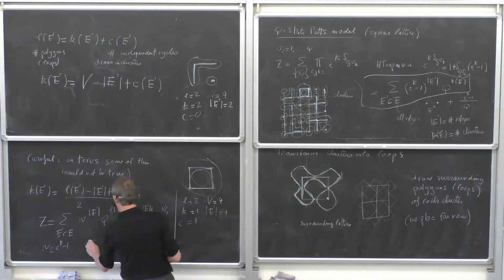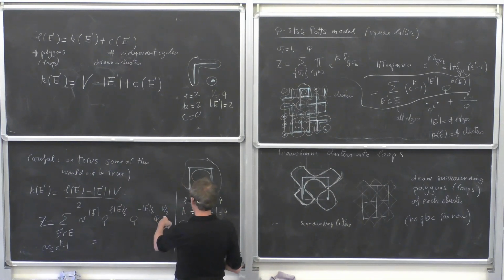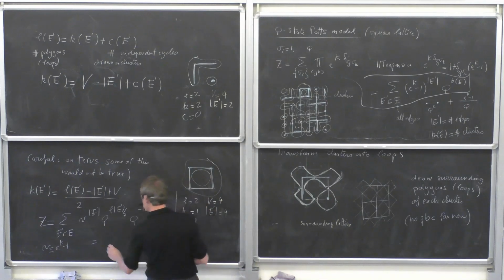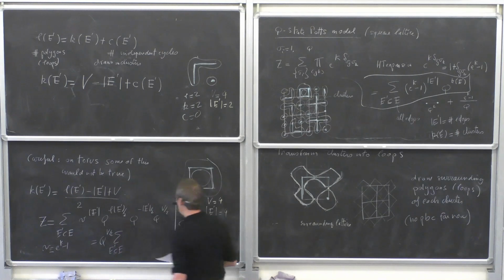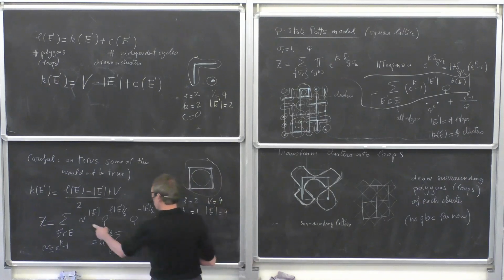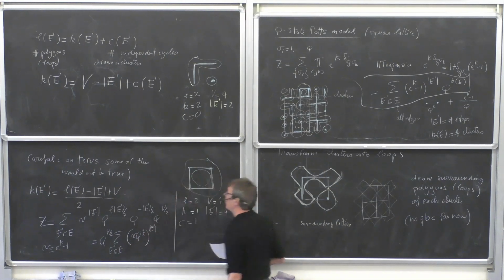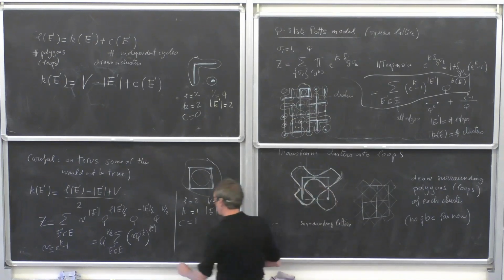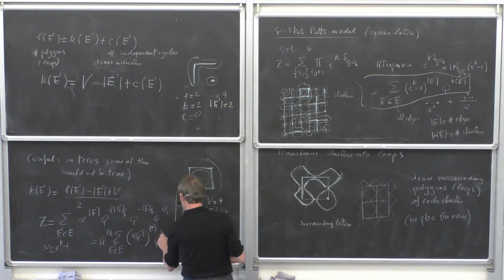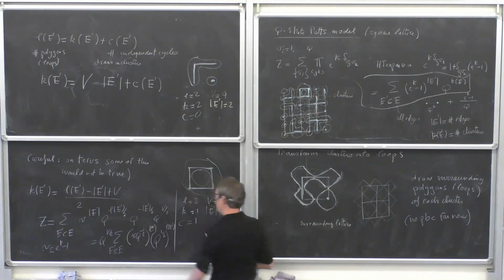Which is therefore, so Q to the V over 2 is a constant, I can factor it out, sum over E prime included in E of, and now I get V Q to the minus 1/2 to the E prime, Q to the 1/2 to the L of E prime.